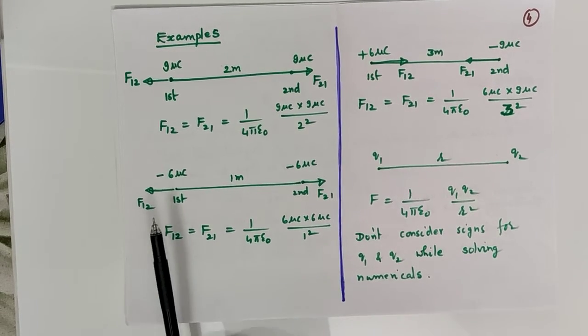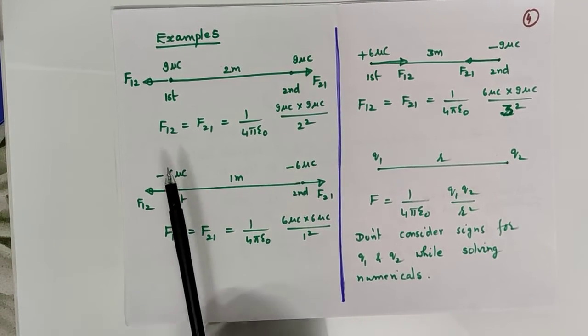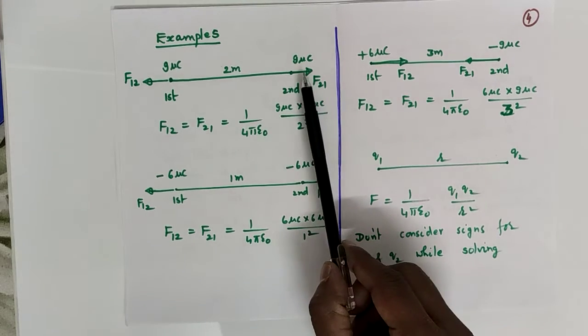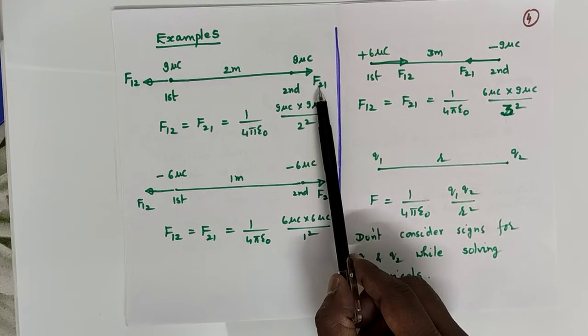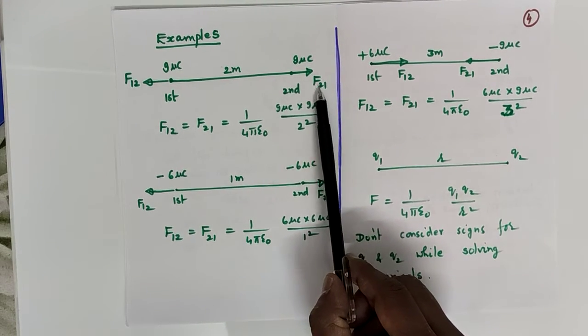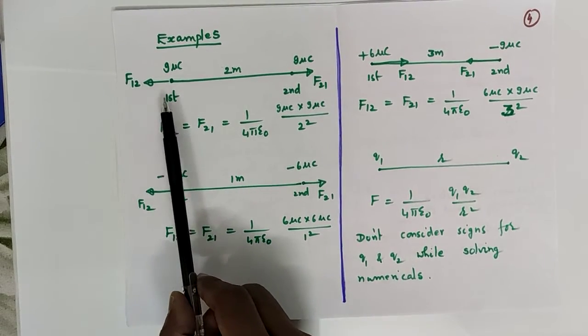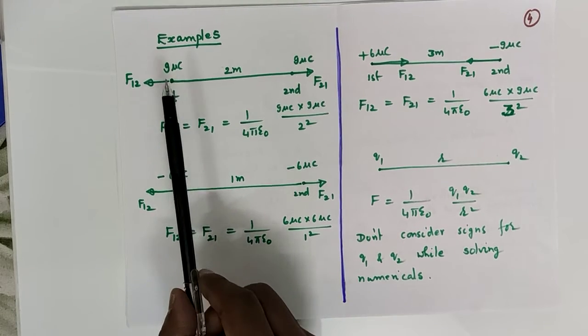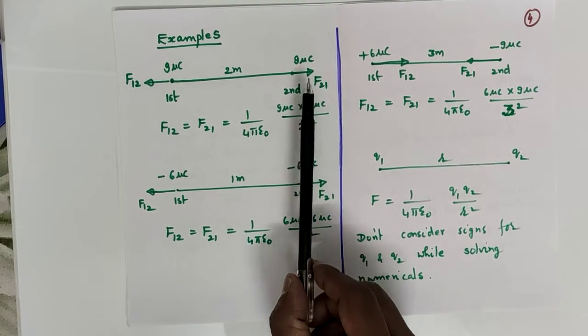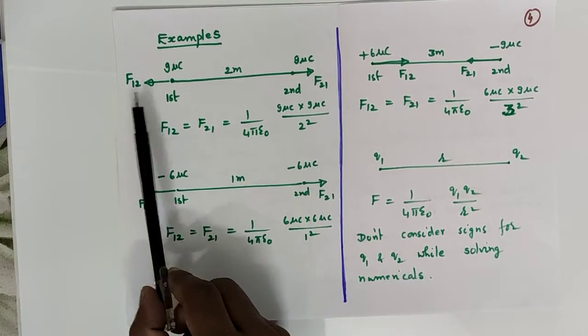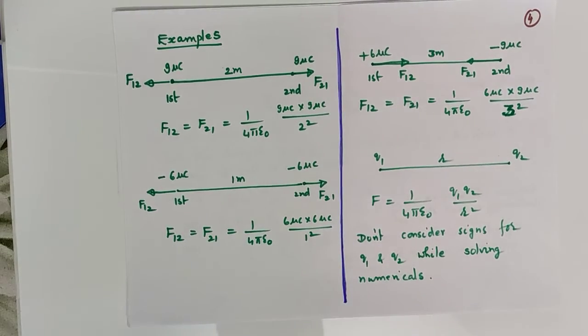And according to Coulomb's law in vector form, F21 is the force acting on second charge by the first charge. F12 is the force acting on first charge by second charge. Since both of them are like charges, they are undergoing repulsion. They are in opposite direction.